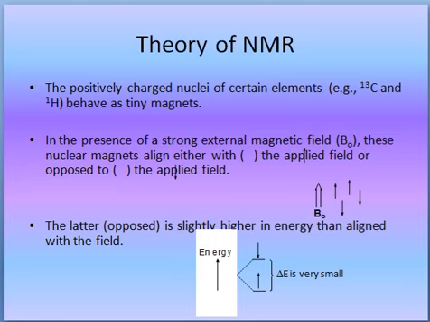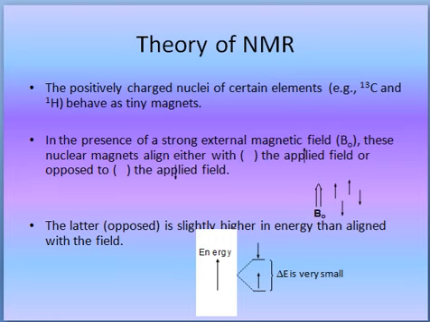The positively charged nucleus of a certain element behaves as a tiny magnet, a small magnet. It has only one proton, and that proton is circulating at very high speed, that's why it behaves as a tiny magnet. In the presence of a strong external magnetic field, this tiny magnet is put inside a big magnet, that is B0.